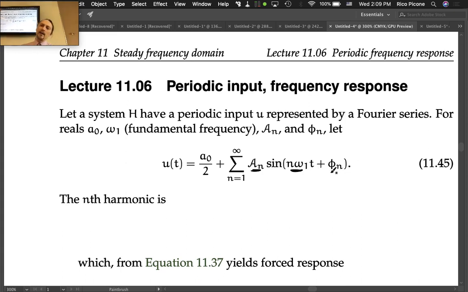And we've got phase components as well. And then we've got our zero frequency or DC offset component here. So good old-fashioned Fourier series with a sine. That's one way to represent a Fourier series in the trigonometric form.